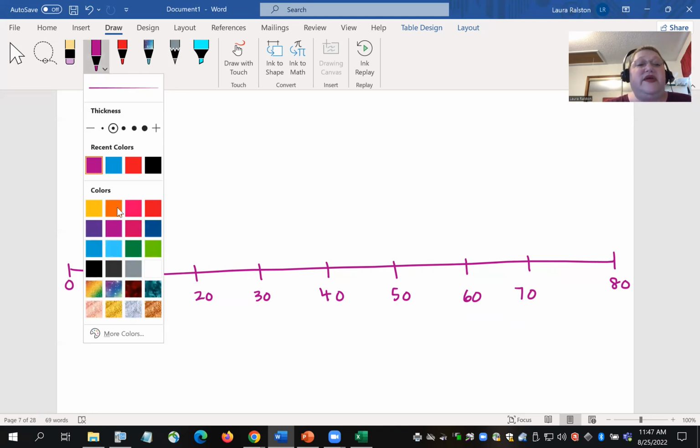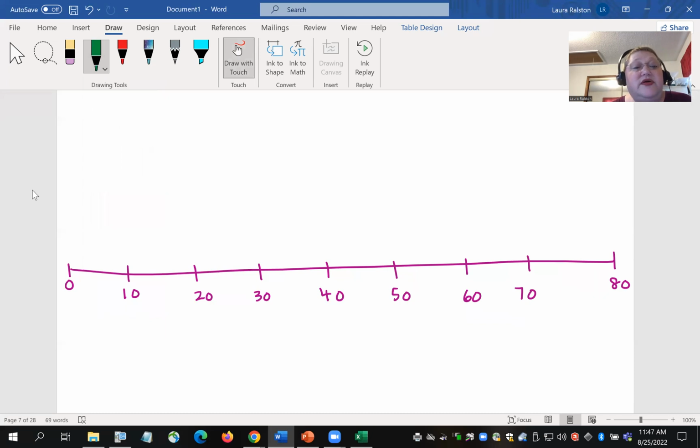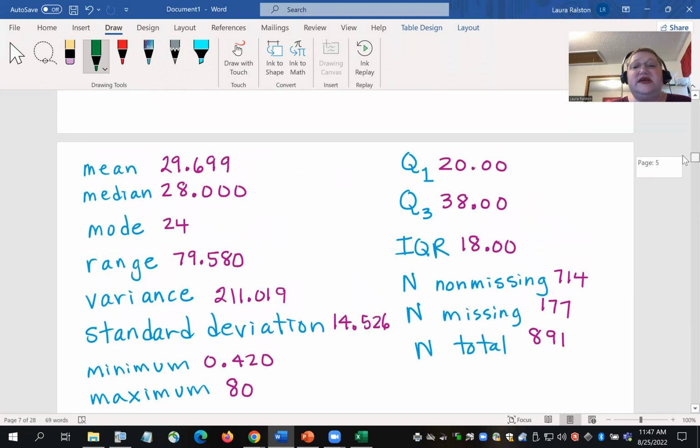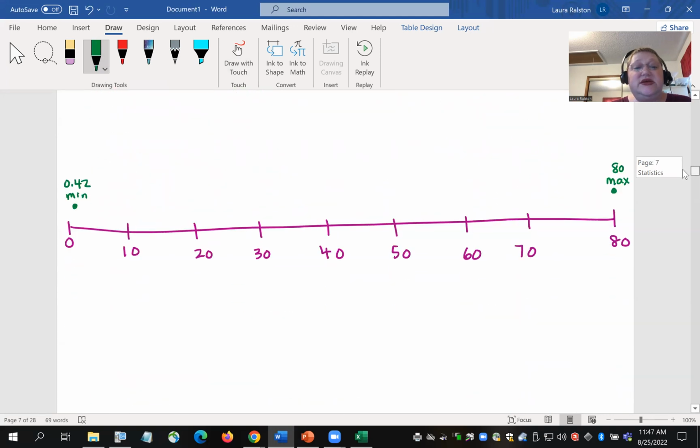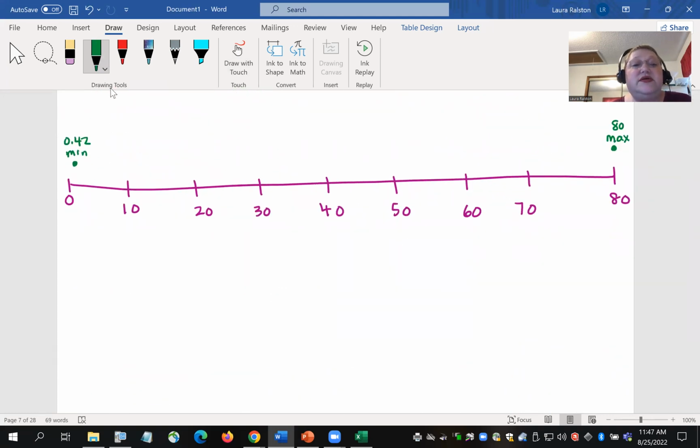And then I'm going to put my points on there. My minimum would be 0.42, so it would be somewhere right here. This is the minimum, and I'm going to put 0.42. My maximum would be on the other extreme, which is 80. My max is 80. Let's see, Q1 is 20, so Q1 would be here. Q3 was 38, so I have to kind of estimate.